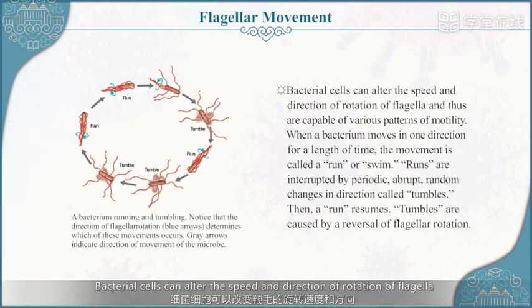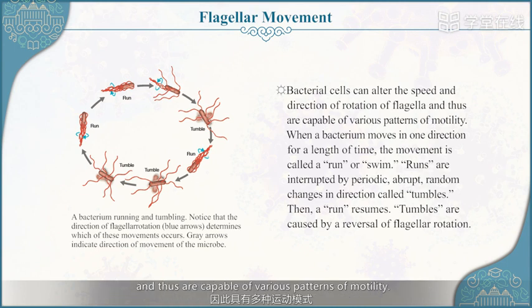Bacterial cells can alter the speed and direction of rotation of flagella and thus are capable of various patterns of motility. When a bacterium moves in one direction for a length of time, the movement is called a run or swim. Runs are interrupted by periodic, abrupt, random changes in direction called tumbles.